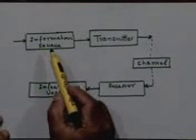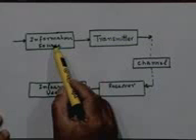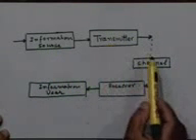Right? So really speaking, in a communication system, there are these 5 major blocks, of which the most important components are information source, transmitter, channel, and receiver.